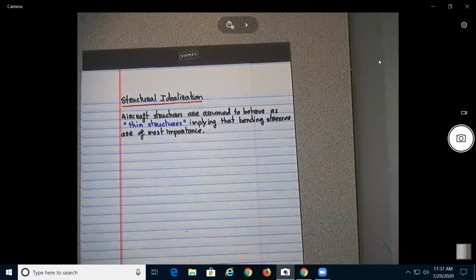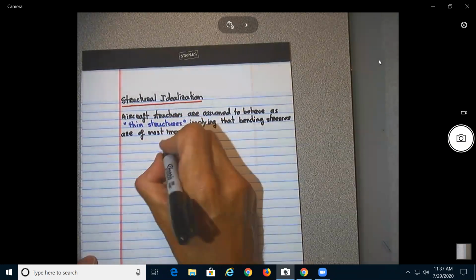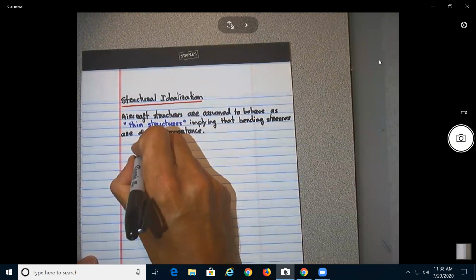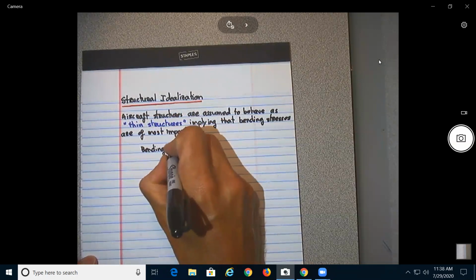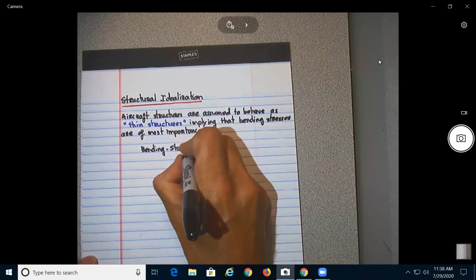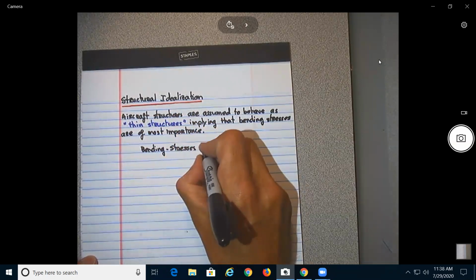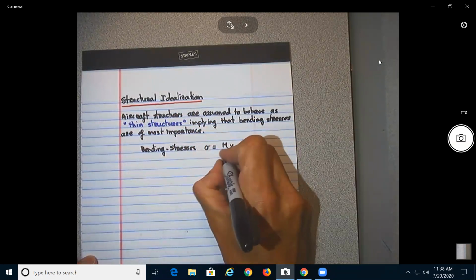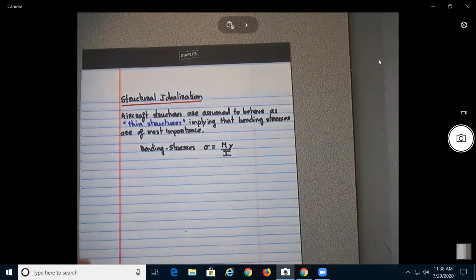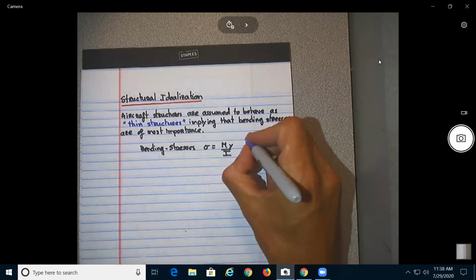So basically, what does that mean? What was the simple expression for bending stresses? We had sigma equal to what? My over I, okay? So over here, we know that sigma is the stresses, M is the bending moment.